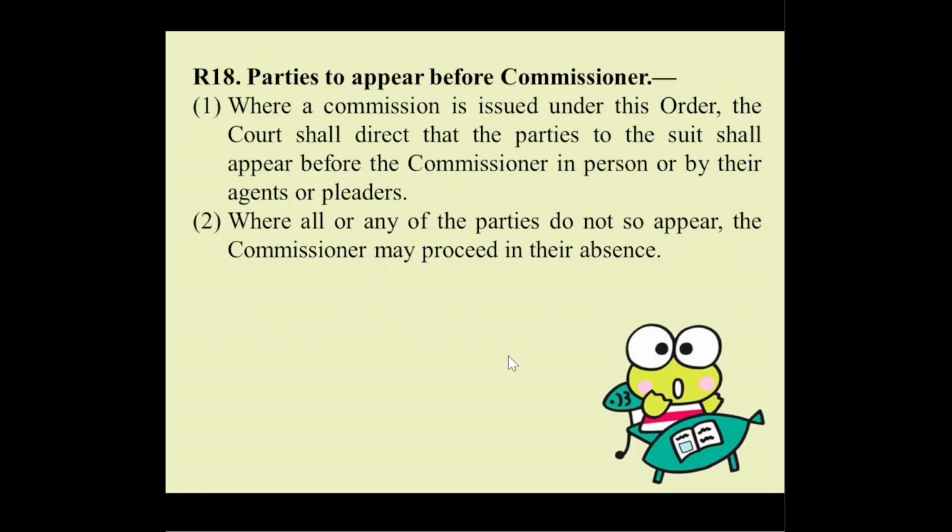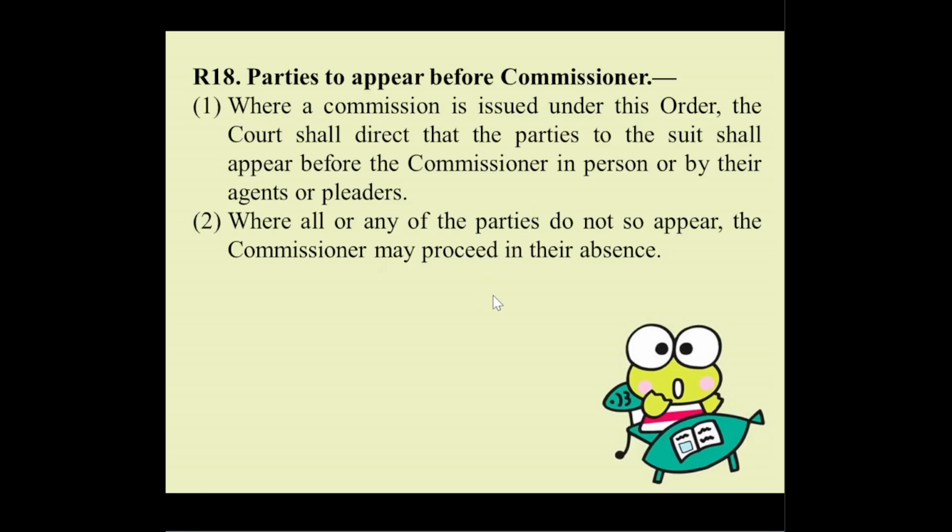Moving further, Rule 18 of Order 26 talks about parties appearing before the commissioner. It is mandatory for the parties to appear before the commissioner, who has been appointed to do justice in the case, and who works on the directions given by the court. It goes on saying that where a commission is issued under this order, the court shall direct that the parties to the suit appear before the commissioner in person or by their agents or pleaders, so that justice may be served in due time.